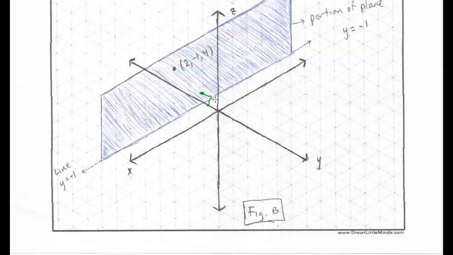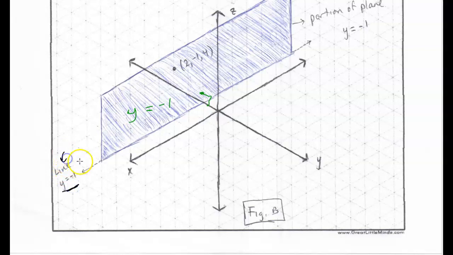Okay, so it's real easy to see why the plane y equals -1 here would actually be the best way to describe this particular plane, given the way that we described it. Now, please don't get confused here with what I have right here.